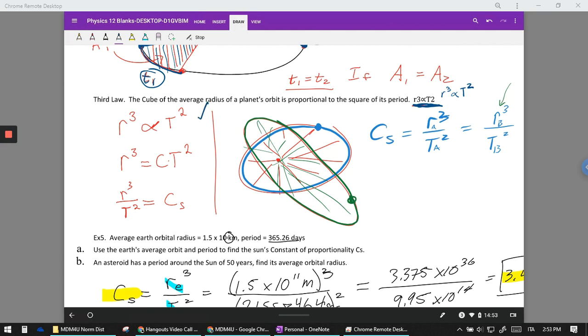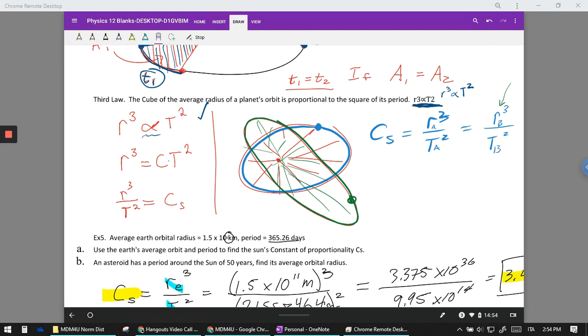Now the proportional symbol can be replaced with equals C. Why? Because proportionality just means that as one increases, the other increases as well, so you've got some ratio that is always the same. The ratio of r cubed over T squared is always the same, just some number, and so you can rewrite it like this.